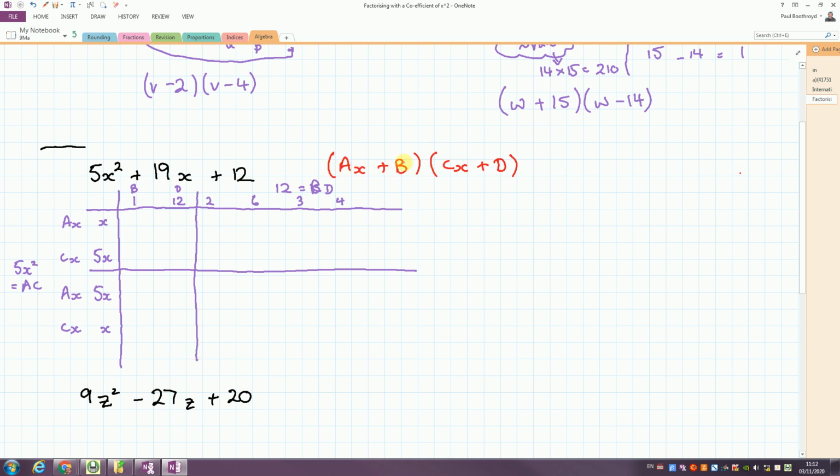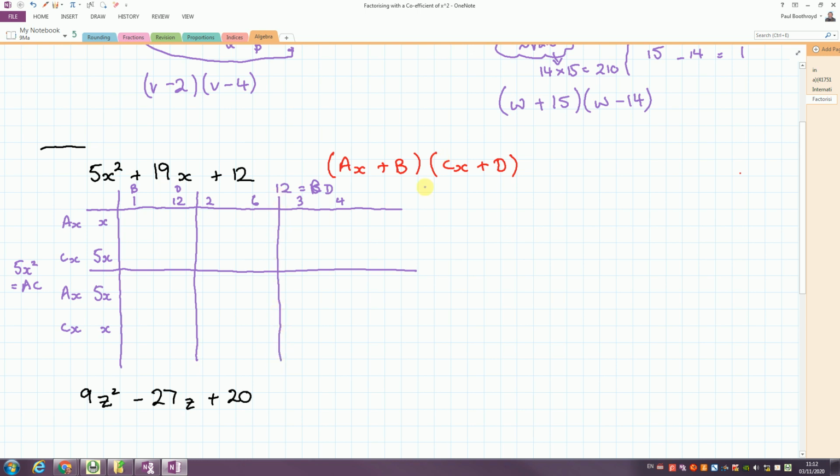So the B, the coefficient that goes there, may wind up having to multiply by the ax to get everything to work out perfectly. So you only need to worry about swapping round either the ax and cx or the B and the D's. And we've done the ax, cx part.